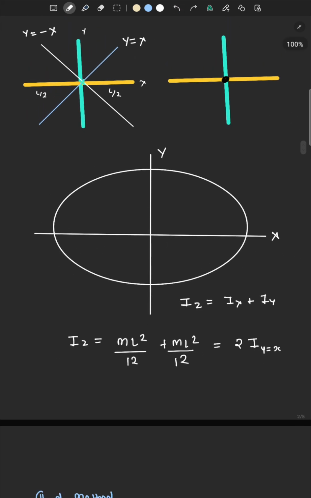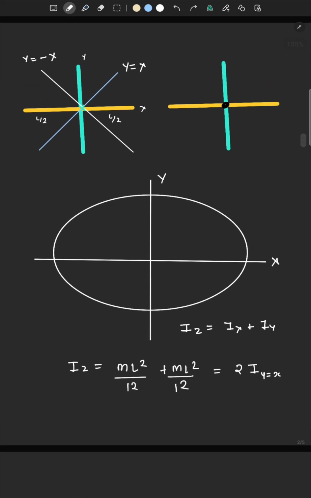If I find the moment of inertia about z, that is going to be ml square by 12 for one rod, since the z axis passes through the center of mass of both rods, and ml square by 12 for the other also.